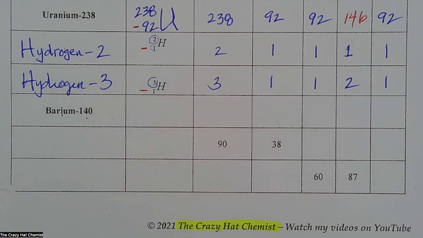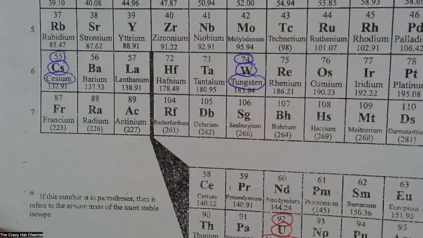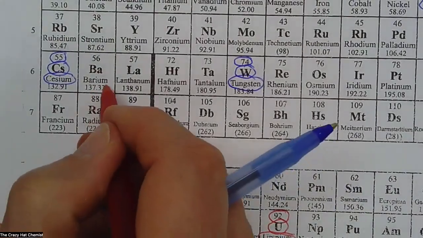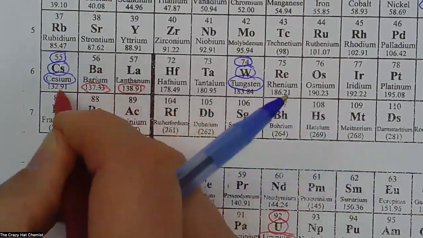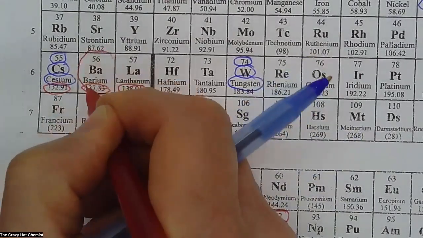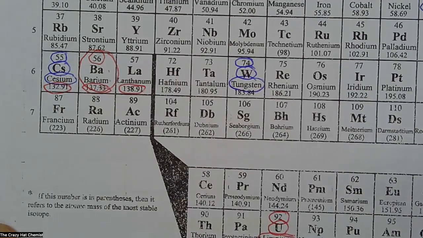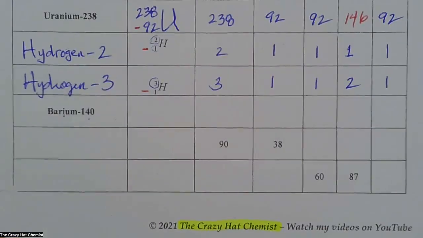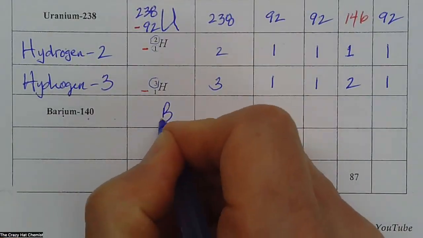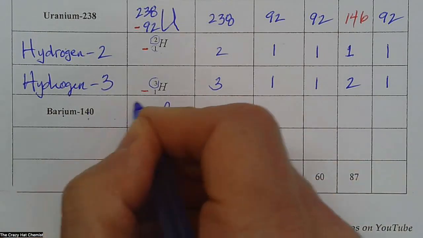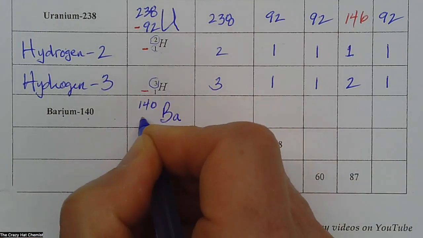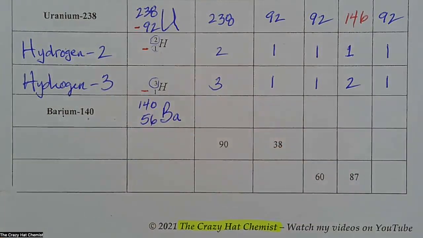So barium 140. I'm going to look on my periodic table and find masses closely approximating 140. And then there is barium, that's Ba, and that's element number 56, which is atomic number 56. Okay, so that is a B and an A. That is 140, and that's atomic number 56.